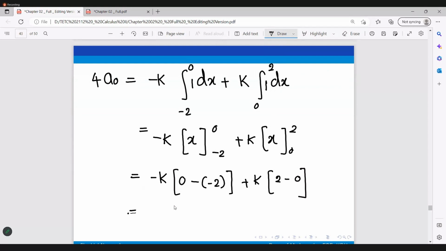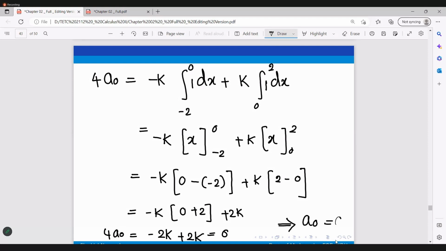So this provides minus k times (0 plus 2) plus 2k. Minus 2k plus 2k, so 4 a naught is equal to 0. This means our a naught is equal to 0.